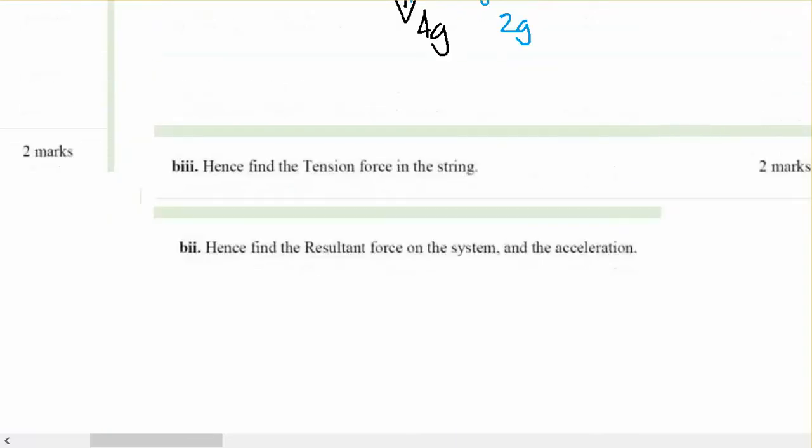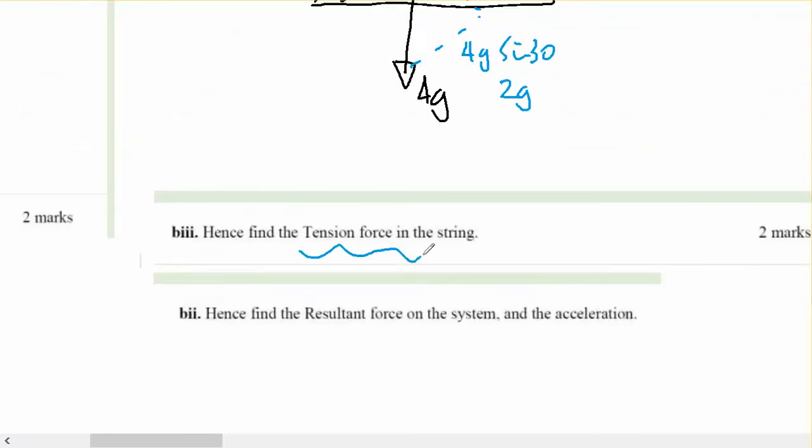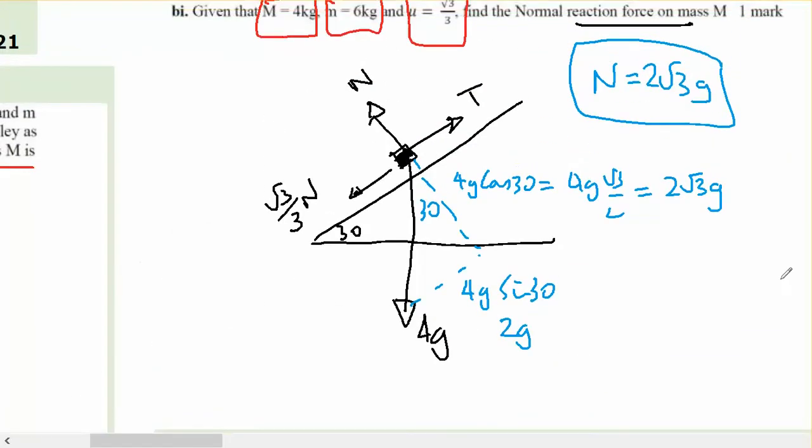And the question's asking then, hence find the tension in the string, hence find the resultant force of the system and the acceleration. Okay, so we don't have the acceleration.